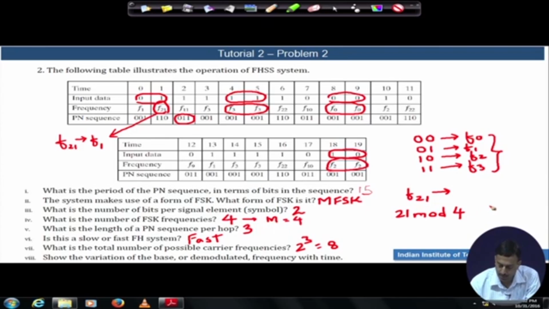So 21 mod 4 can be calculated in the standard form as to how we find out mod. So we basically just divide 21 by 4. So we know that 1 is the remainder. This remainder is nothing but the result of this operation, that is 21 mod 4.